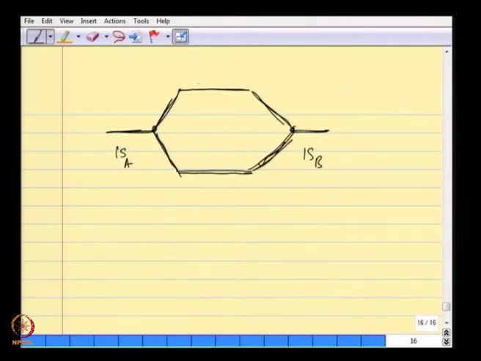So, if you put the two electrons here, then you see that the electron has to have three possible states. It is a triplet state.